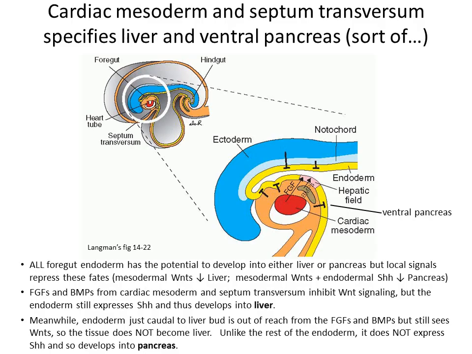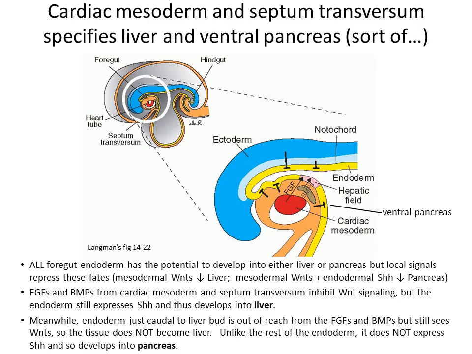Mesoderm signals specify the liver, and the endoderm otherwise becomes pancreas. Fibroblast growth factor and bone morphogenic proteins from the cardiac mesoderm and septum transversum inhibit signals, but the endoderm still expresses Hox genes and just develops into the liver.